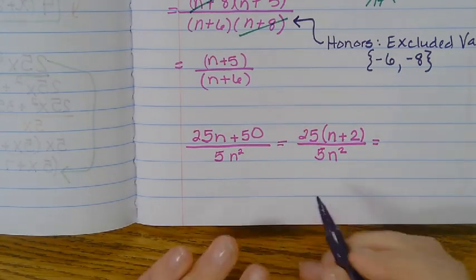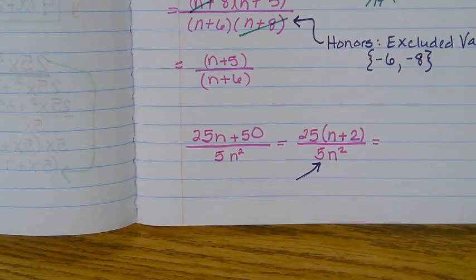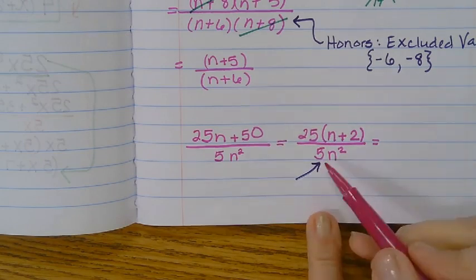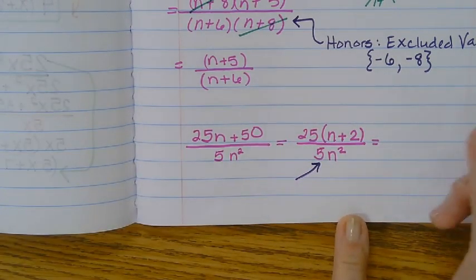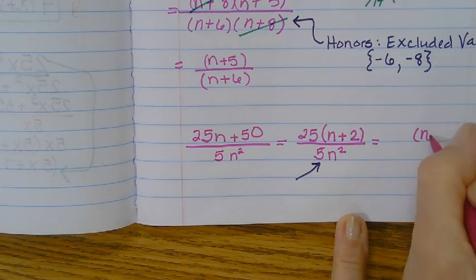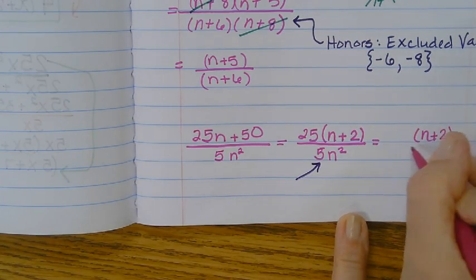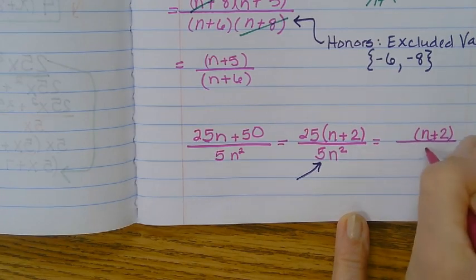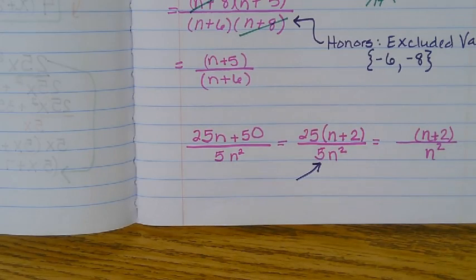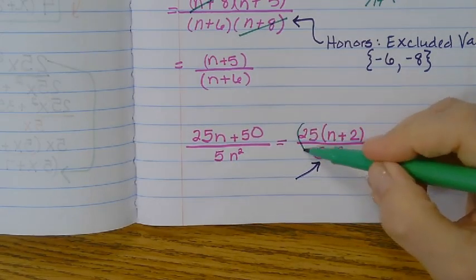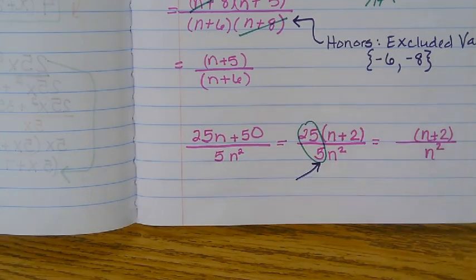So honors, it's at this point that we're going to look at the denominator, but I'm going to hold off on that. So is there anything that we can cancel? Well, there's not another n plus 2, and there's not another n squared. But this portion, the fraction 25 over 5, can that simplify?